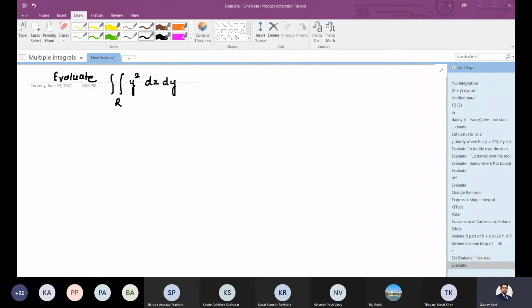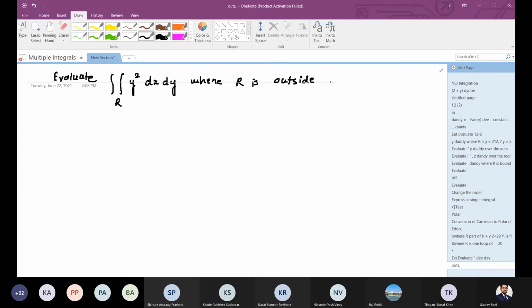So evaluate the double integral over R of y square dx dy, where R is outside x square plus y square equal to ax and inside x square plus y square equal to 2ax.